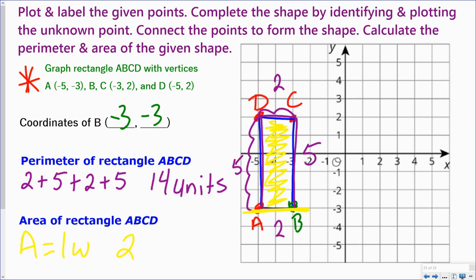So I'm going to take 2 times my width, which is here, and that's 5. And so 2 times 5 is 10. So this would be 10 units. And since I'm dealing with area, it is units squared. So I put a little 2, kind of like an exponent, above my units.